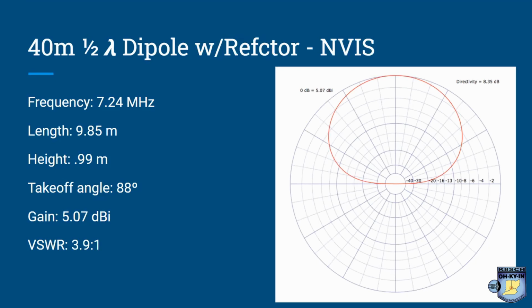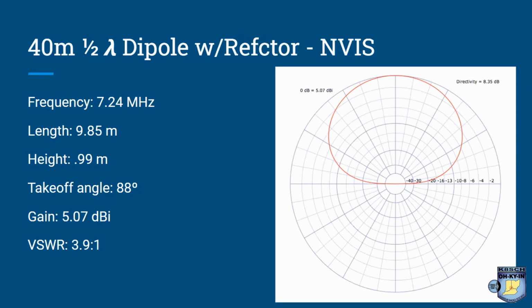And again, this one I just copied over those numbers, ignore those numbers, but this is the one where it actually has the reflector. So it has a parasitic reflector. I threw it in the NEC model, 5% longer, and I put this one to be a 100th of a wavelength off the ground.